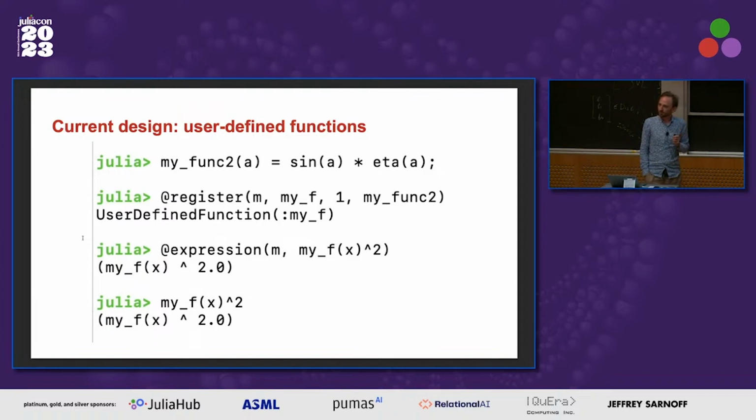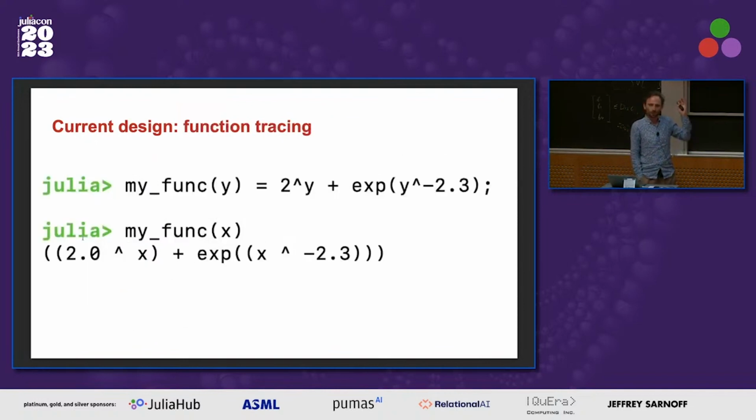In the new version, if you register a user-defined function, it must return a scalar. So we haven't fixed that in that sense. But if you use the function tracing approach, and your function actually returns some nice algebraic form, then calling myfunc, if it returns a vector, will now return you a vector of these nonlinear expressions, and then you can use them in other places.